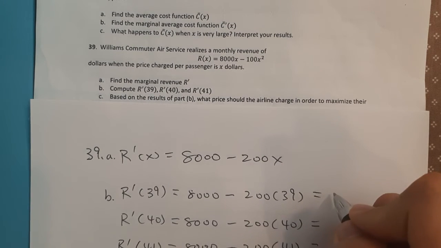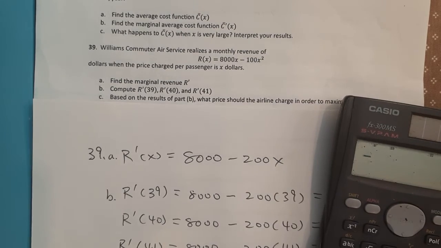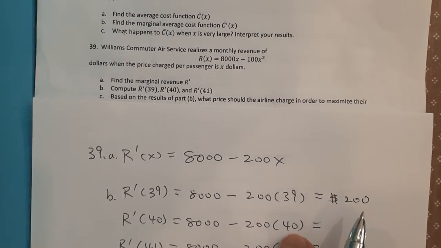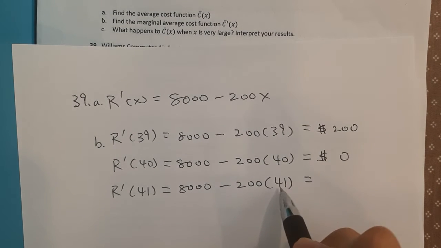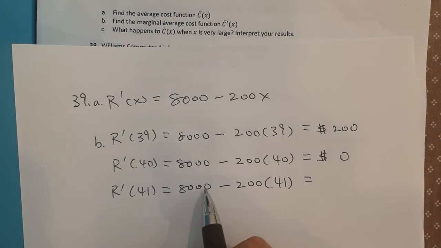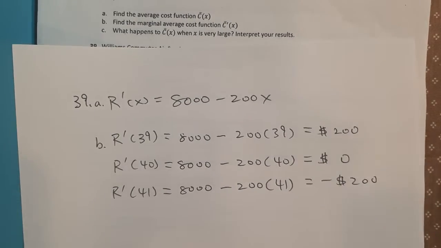So here it's going to be $200. Then we have 8,000 minus 200 times 40, so that is going to be 0. And here we have 8,000 minus 8,200, so it's a negative 200.